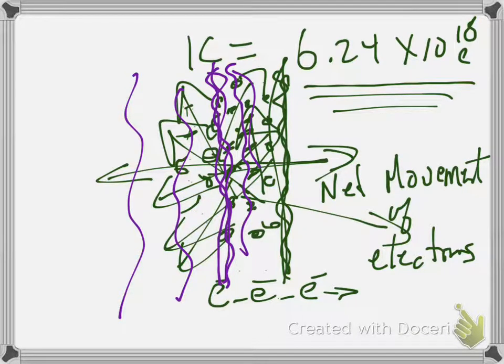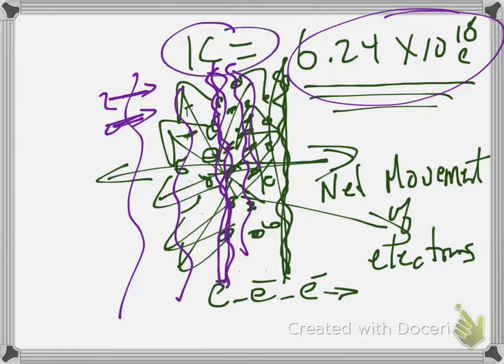So at any given line, when they're moving back and forth, and there's that net movement of this many electrons, then we'd say it's 1 Coulomb. So an electron flow is saying that these are moving from the negative terminal to the positive terminal of a battery. So that's electron flow. That's really what's happening.